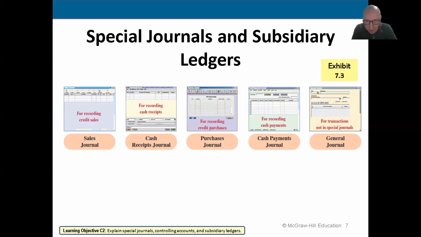We have sales, cash, purchases. These are our subsidiary ledgers. Think of it like we call it a T account. A T account has the name of the account on the top, and then it has all the debits and credits that affected that single account. Those are your subsidiary ledgers.